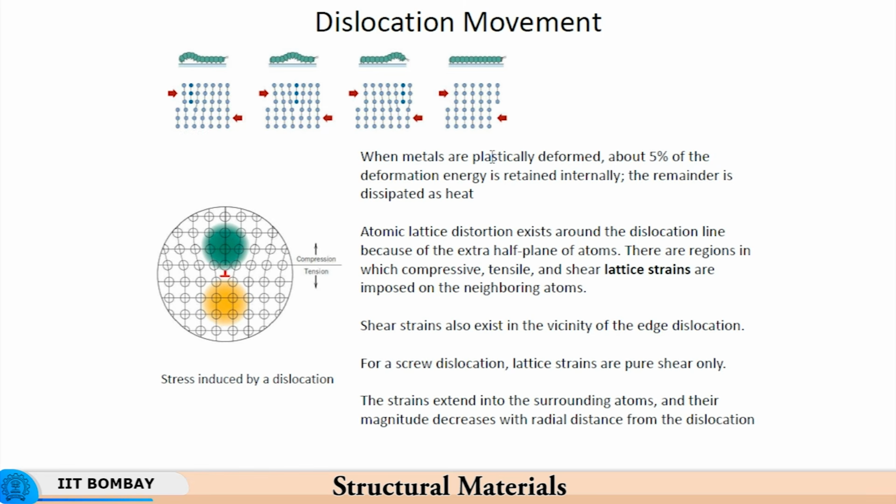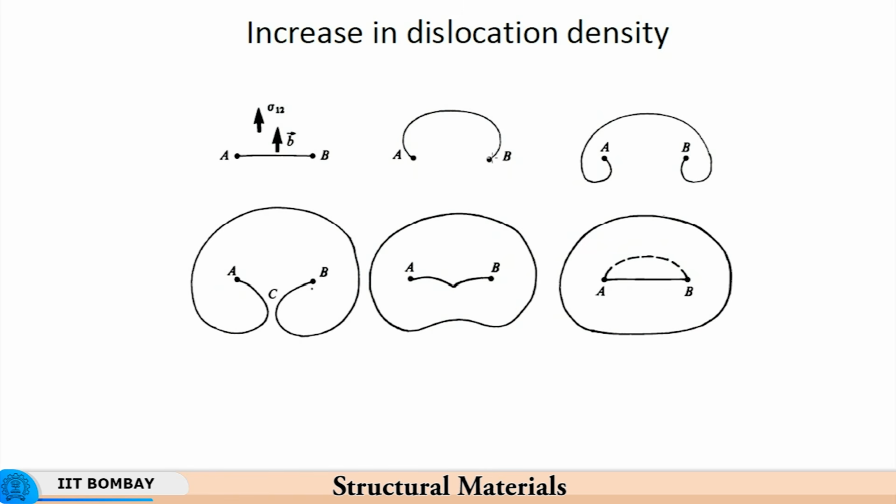So even before you actually try to deform the material, the stresses and strains are already present in the crystal lattice as a part of the presence of defects. So the strains extend to surrounding atoms and their magnitude decreases with radial distance from the dislocation. That is obvious.